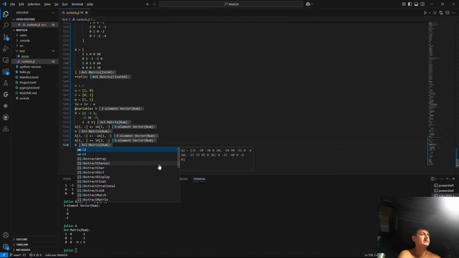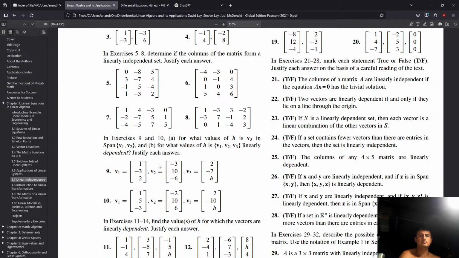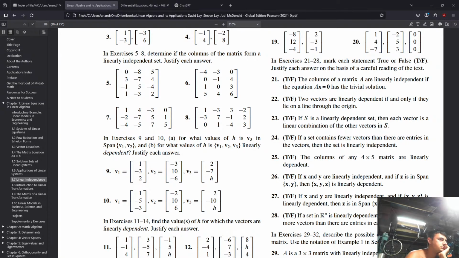Cool. So that's not an augmented matrix though, right? Okay. Is this not the same thing?